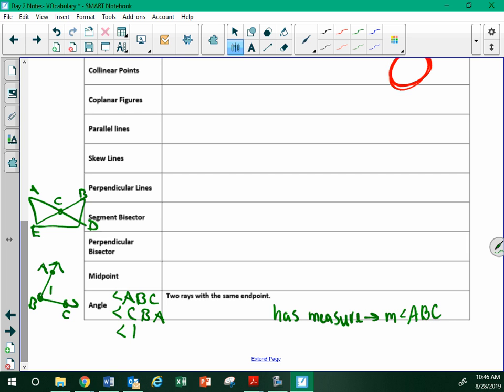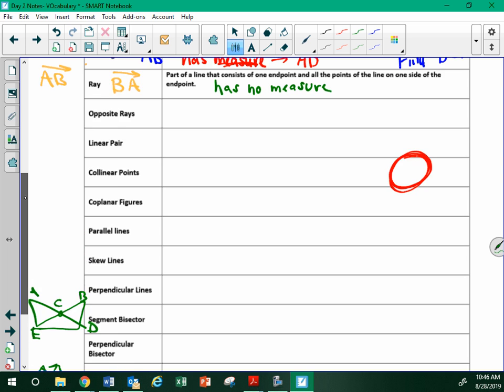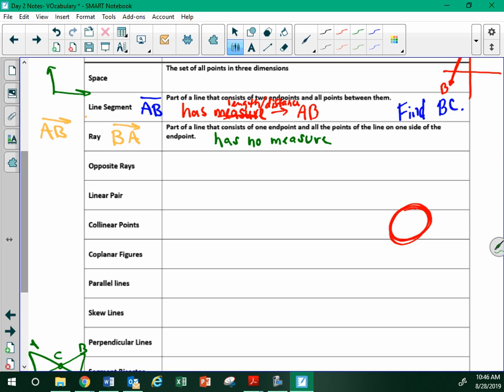All right, I want to go ahead and continue along our thinking with our rays. So 2 rays together is an angle. Opposite rays. Who would like to say what they think opposite rays are? Vinny: 2 different endpoints and they're going different directions. I like that, but we actually want the same endpoint. So we want the same endpoint, but they go in opposite directions.